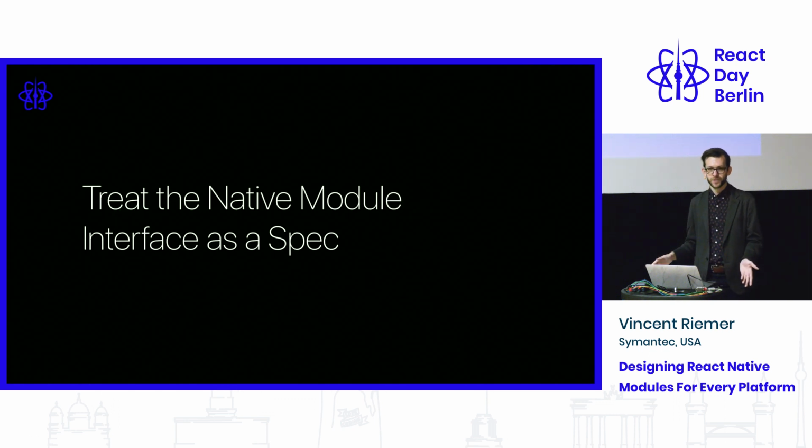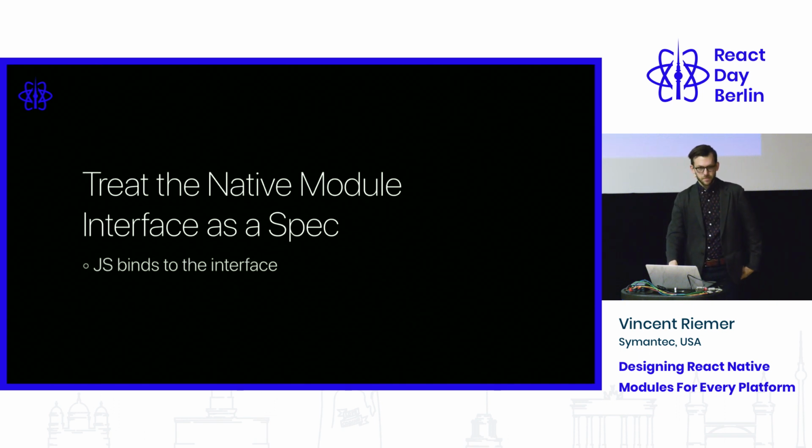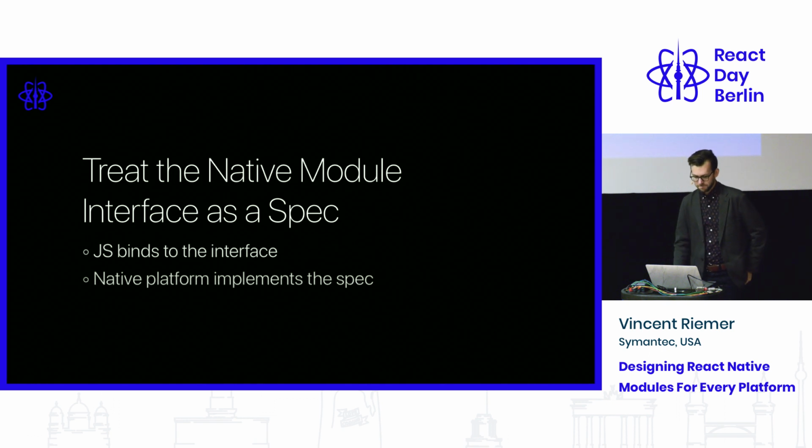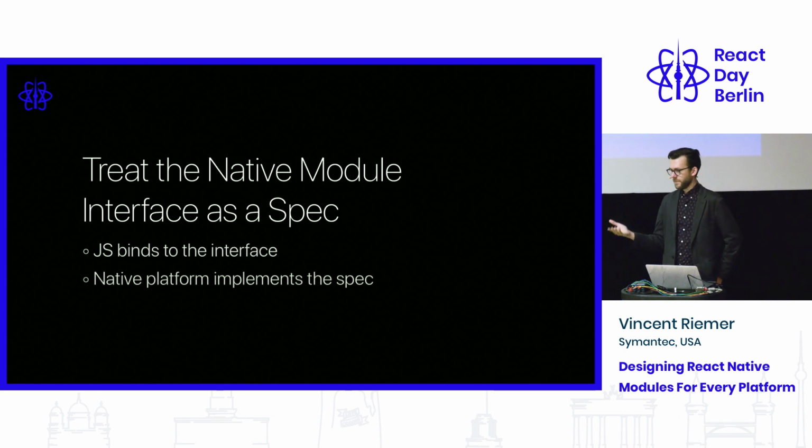Treat the native module interface as a specification. The JavaScript just binds to that specification. It's not binding to a specific platform. And the job of the native platform is to implement that spec.